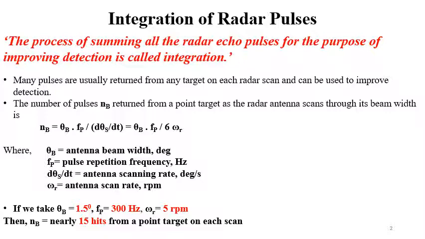integration. Many pulses are usually returned from any target on each radar scan and can be used to improve the detection. The number of pulses, we are considering just an example.